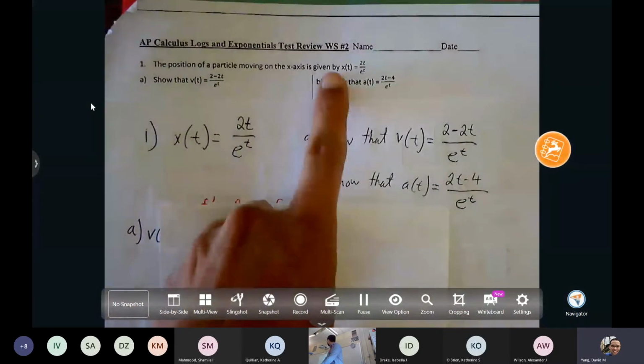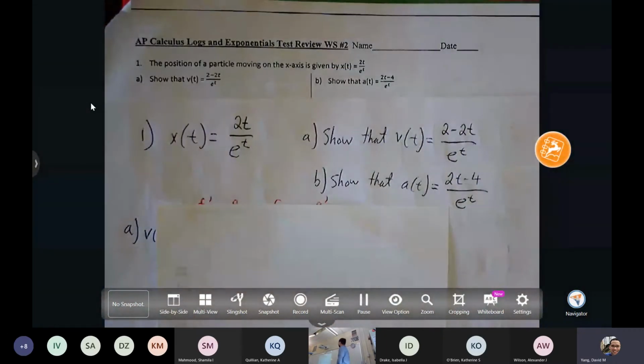Okay, worksheet 2, we're given a position function, and we want to find the velocity function. So we have to find the derivative to get from position to velocity. And from velocity, we're going to find the derivative again to get to acceleration. Now the answer is provided for us, so we just want to show our work and see if we can make our derivative for position look like our velocity function.